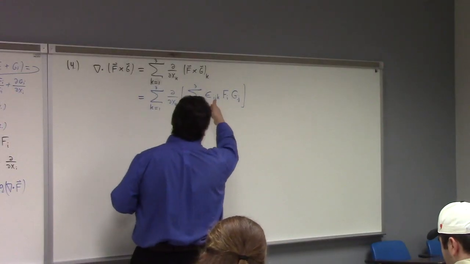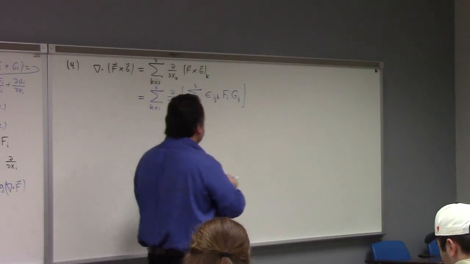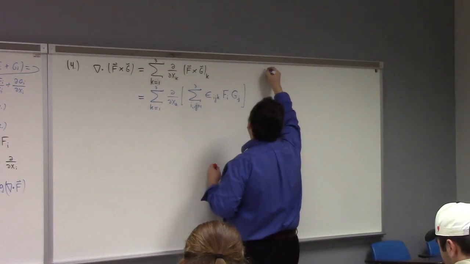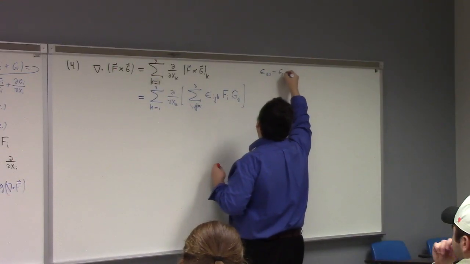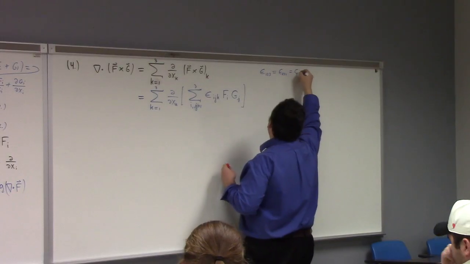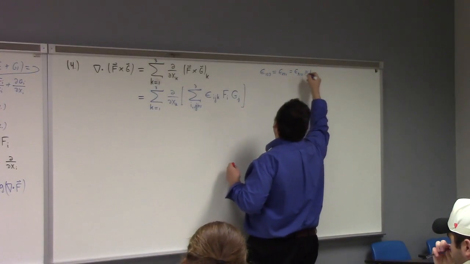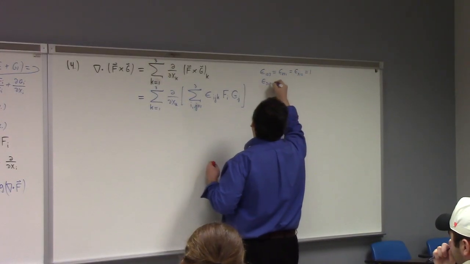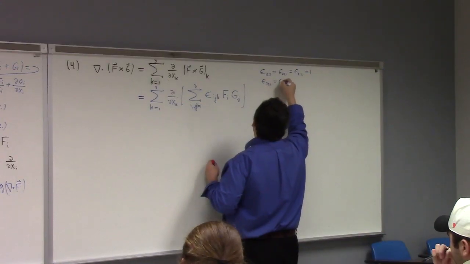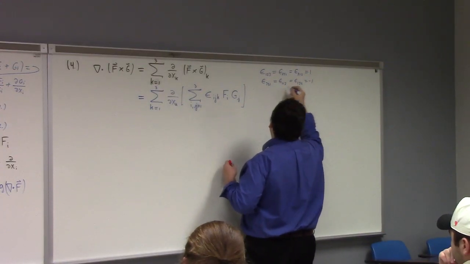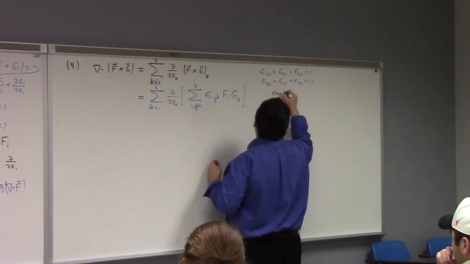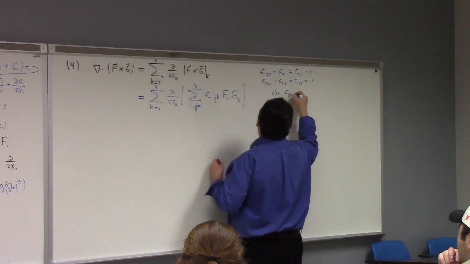So the way epsilon works, if you remember, epsilon 1, 2, 3 is epsilon 2, 3, 1 is epsilon 3, 1, 2 is 1, epsilon 3, 2, 1 is epsilon 2, 1, 3 is epsilon 1, 3, 2 is minus 1, and otherwise epsilon ijk is equal to 0.